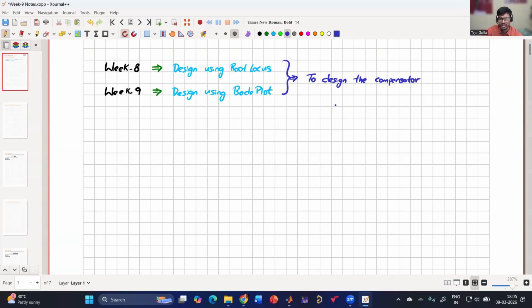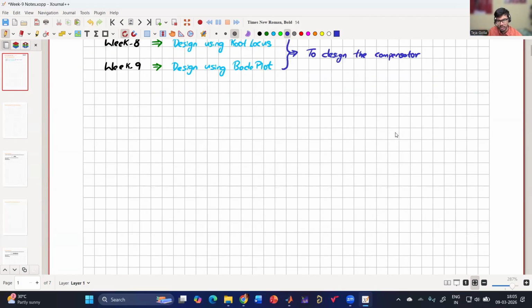I'll briefly give the transfer function again, because we discussed it last week, but for anyone going through this video, we'll start with the lead compensator. First, it is to improve the transient.